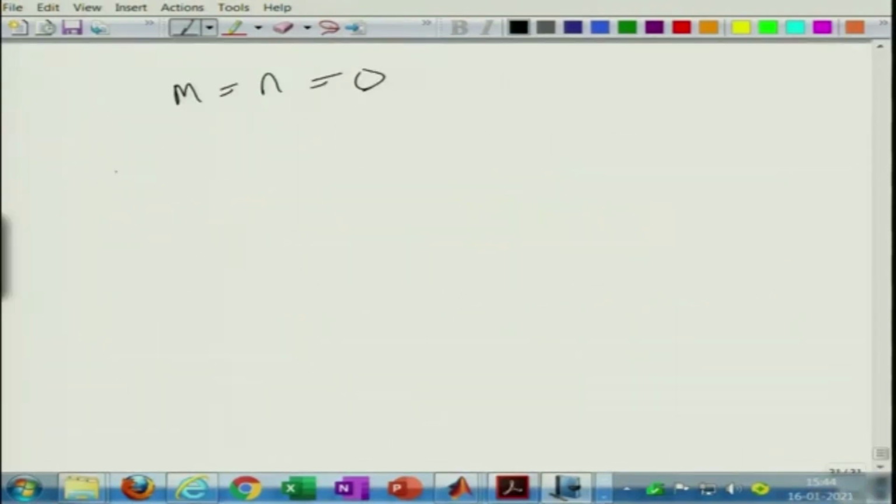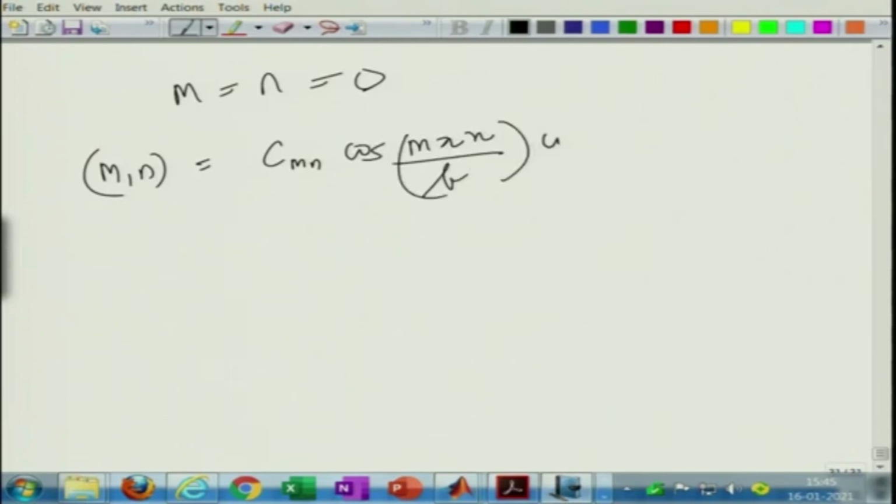To summarize this concept of cut-on frequencies, we have a wave number associated with the mn mode, which I had written, with m pi by b and n pi by h.